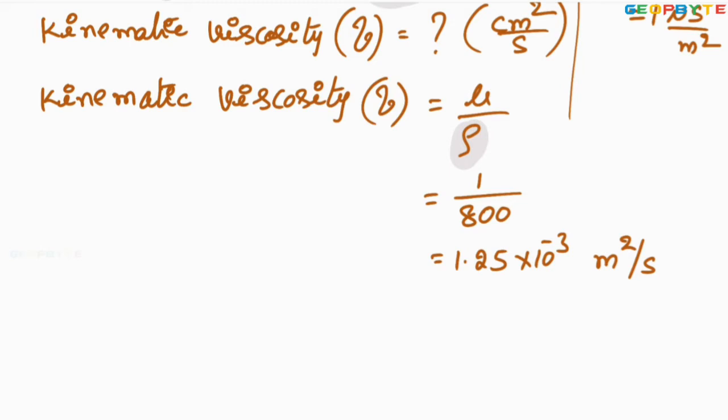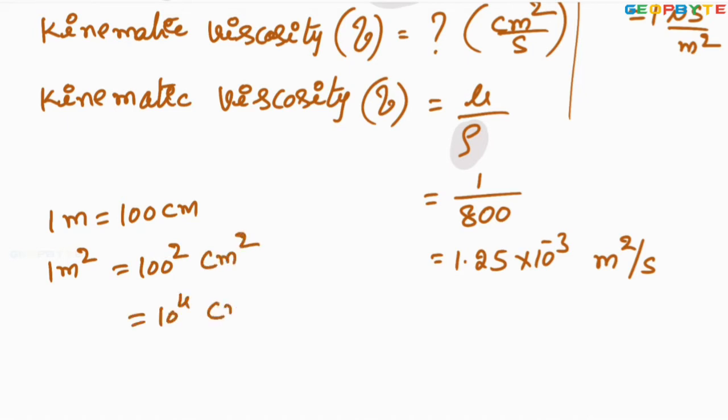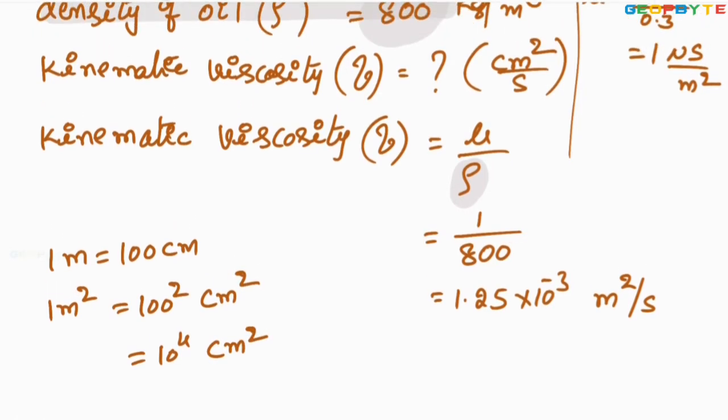Meter square per second. It can also be written as, we know 1 meter equal to 100 centimeters. Then 1 meter square equal to 100 square centimeter square. Here 100 square equal to 10 power 4 cm square. Since in the problem it is clearly asked for kinematic viscosity in cm square per second, it should be converted to cm square per second.